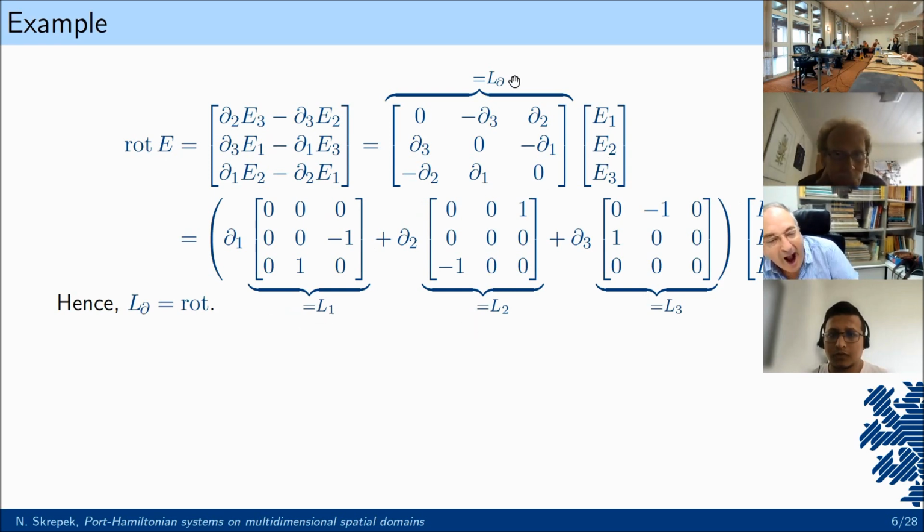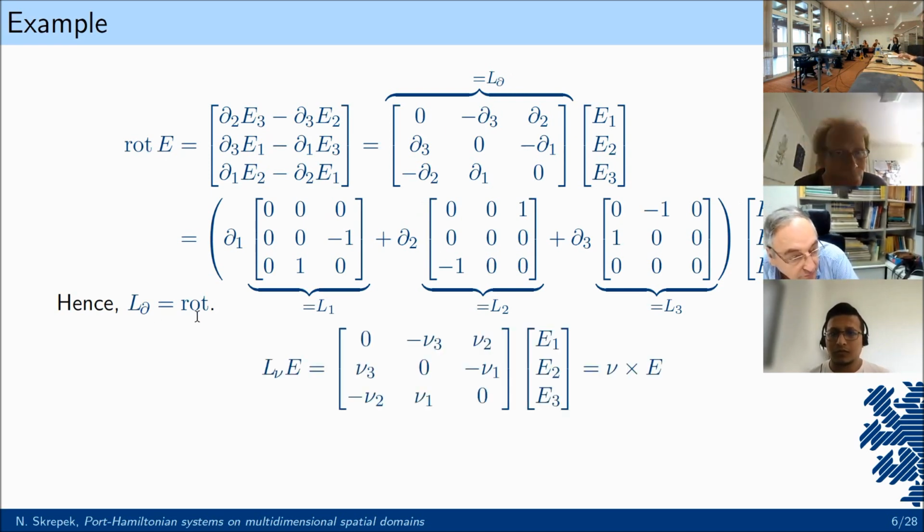And altogether, the corresponding L_partial is just the rotational operator. And for the boundary operator L_nu, we can just replace the partial derivatives by entries of the normal vector, and then we get that the somehow natural boundary operator to the rotational operator is the cross product with the normal vector. This is not really surprising, but it's nice that it fits in such an abstract way.